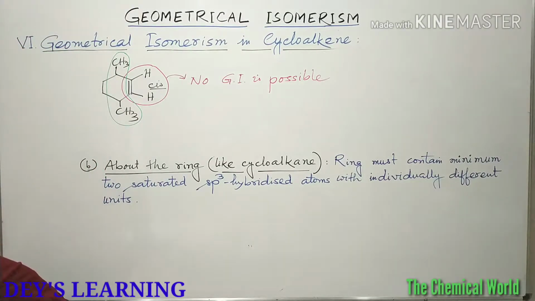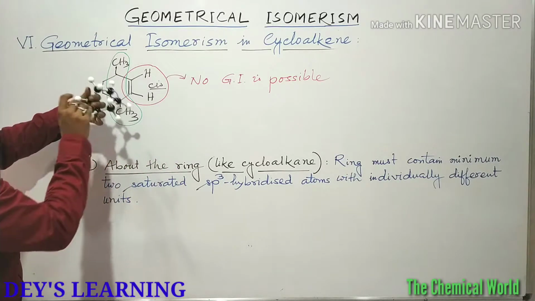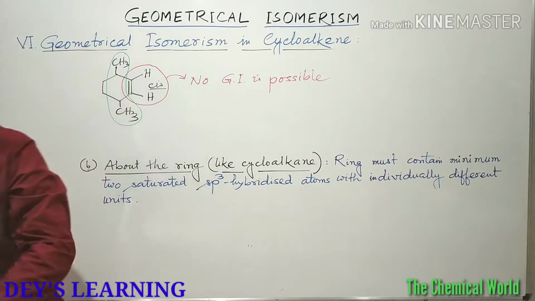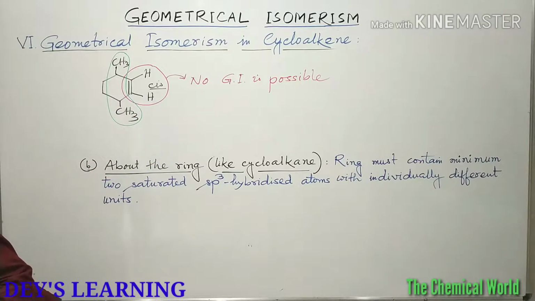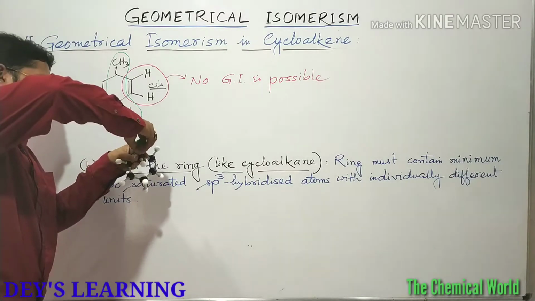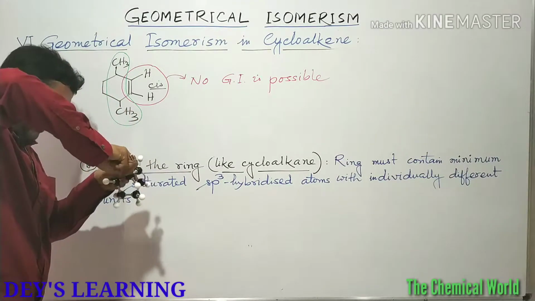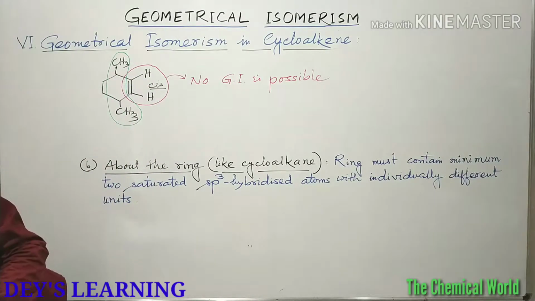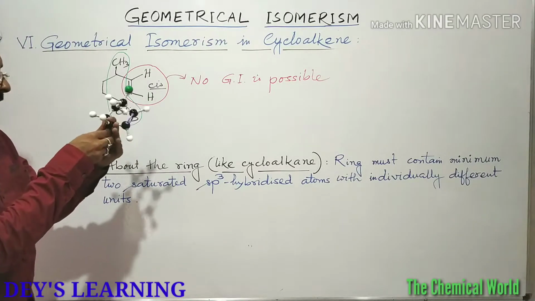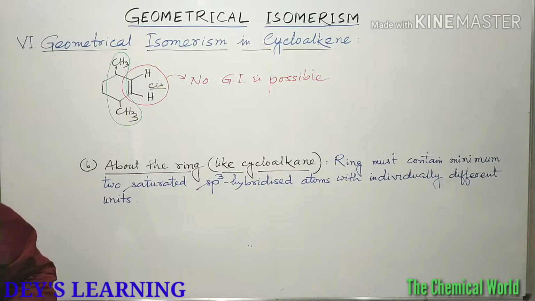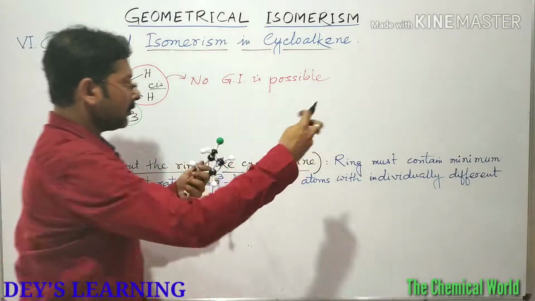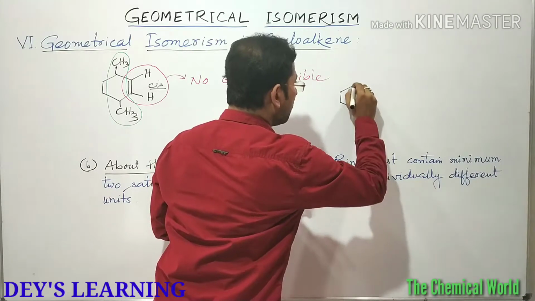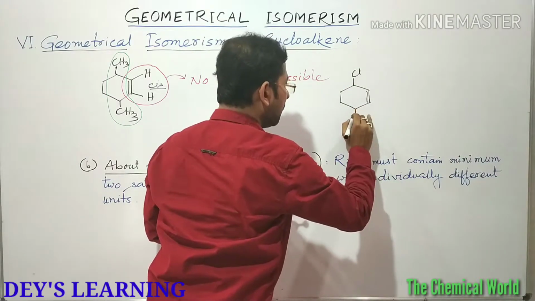Look at here. This is your 6-membered ring. This is your compound. If we substitute this hydrogen by another methyl group or another chlorine, or if you substitute this hydrogen by another chlorine group, what we have in the structure, the compound, this one, here is your chlorine, here is your chlorine.